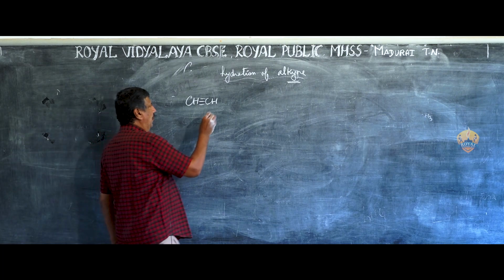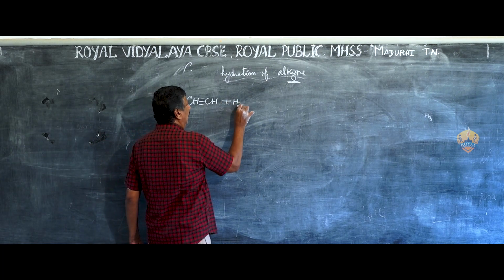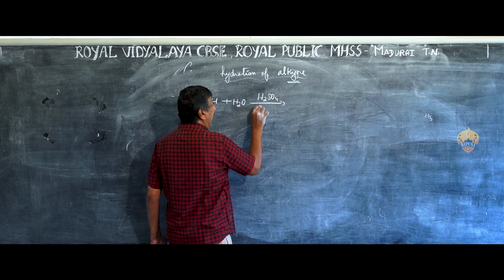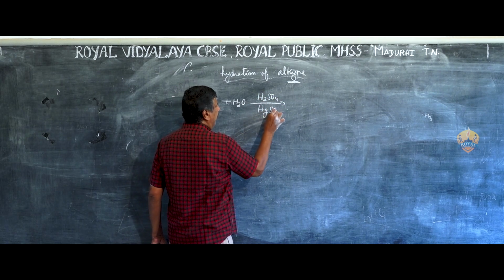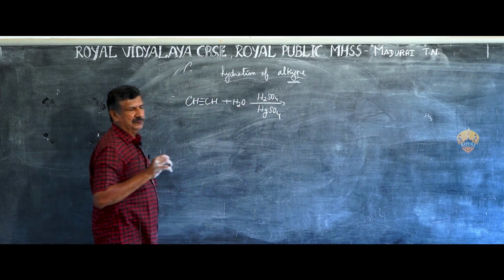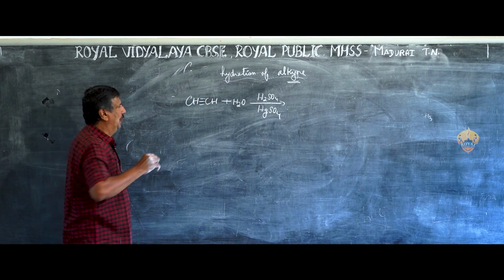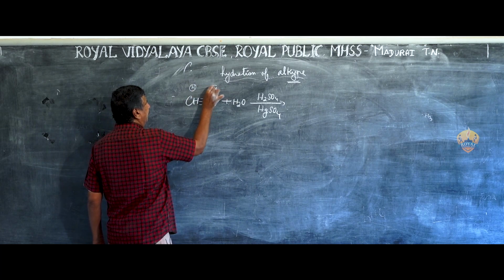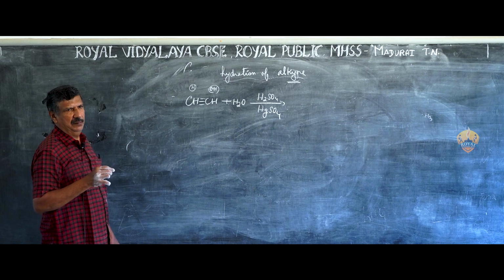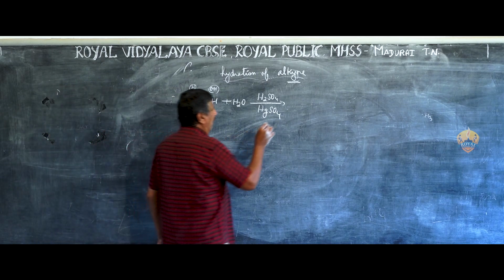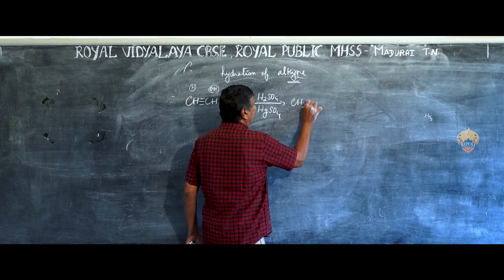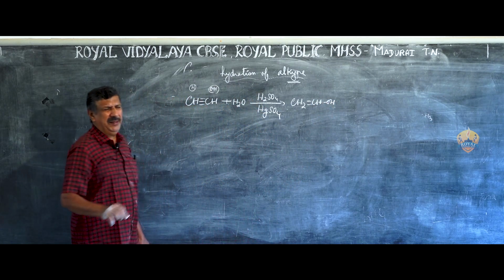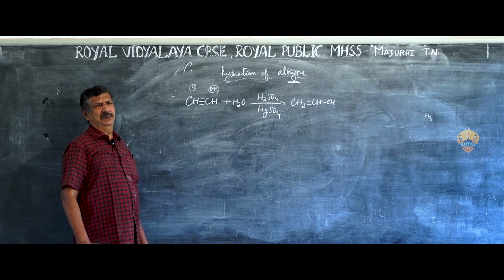I am going to do the hydration in the presence of these two conditions, mercuric sulfate and sulfuric acid. First, I am just adding HOH like this. By seeing this, I will write like this. You see, the triple bond will be converted into a double bond.